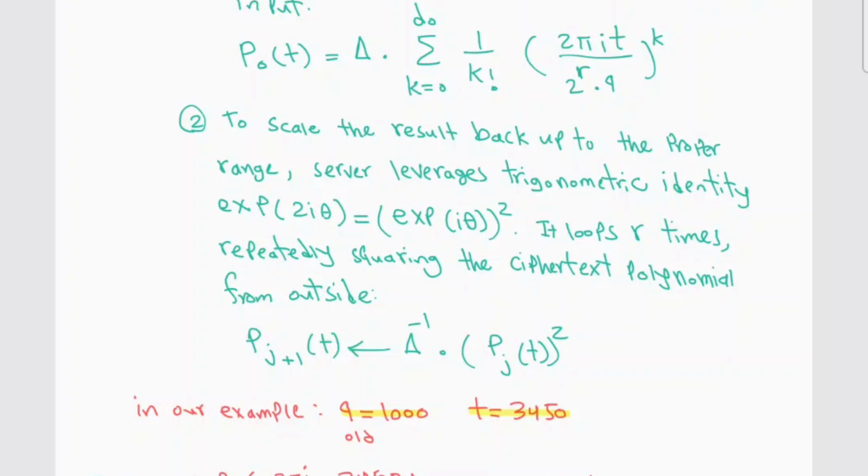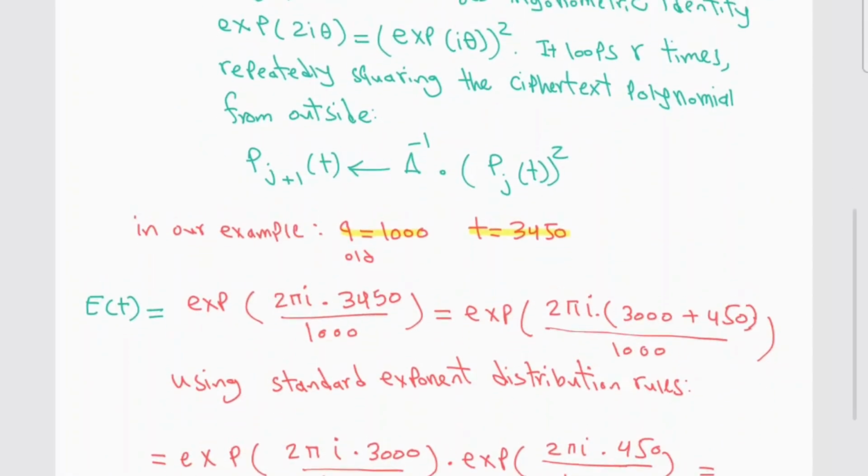Using standard exponent distribution rules, we can write it this way: the exponential of 2 pi i multiplied by 3000 divided by 1000, multiplied by the exponential of 2 pi i multiplied by 450 divided by 1000. And this is equal to the exponential of 2 pi i multiplied by 3, multiplied by the exponential of 2 pi i multiplied by 450 divided by 1000.